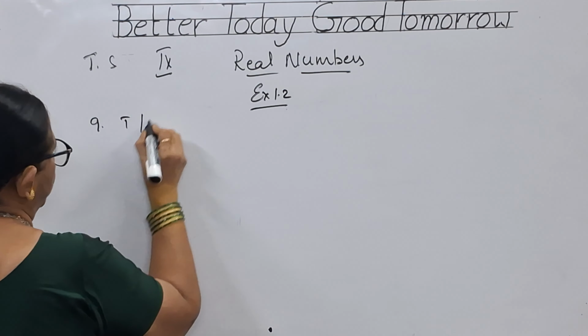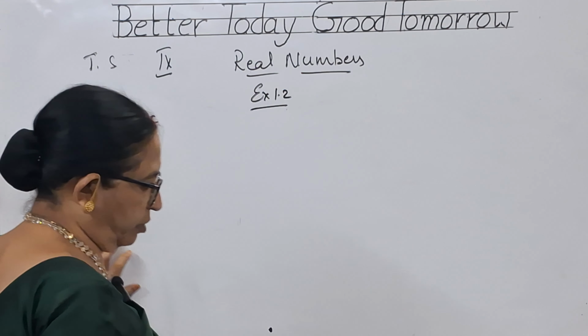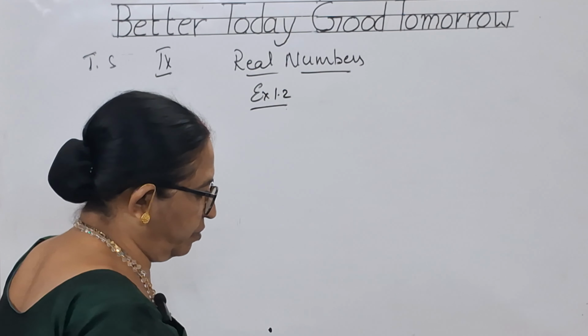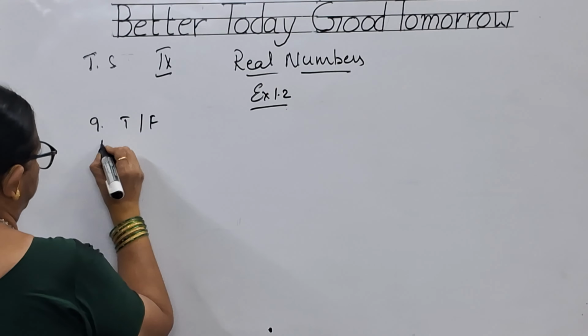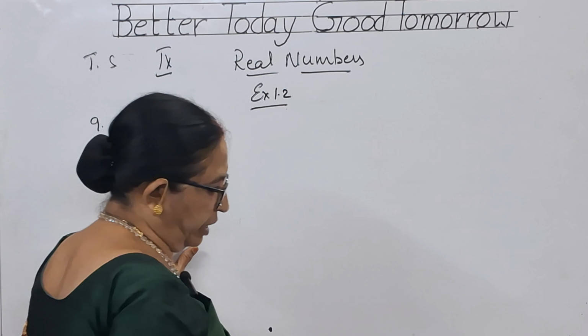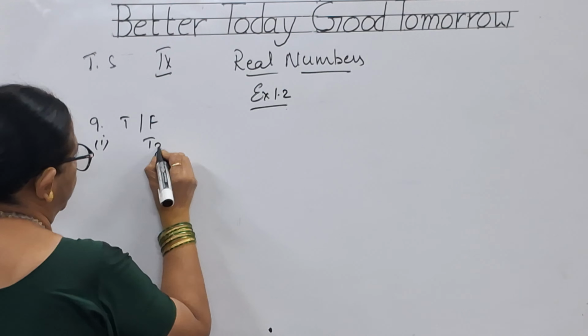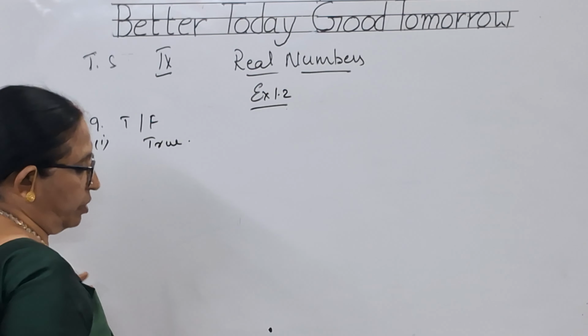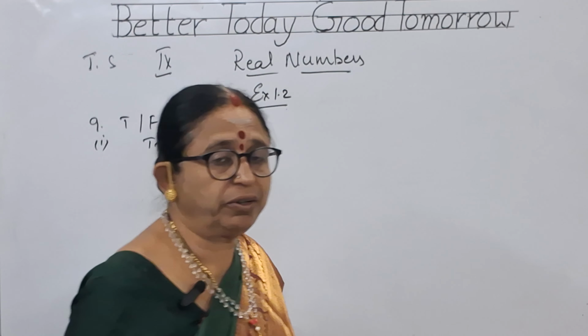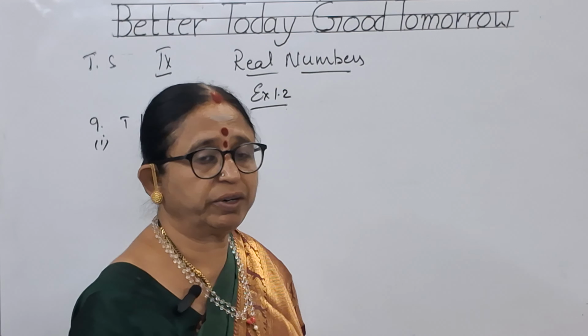Ninth one is a true or false. You have to state true or false and justify your answer. First bit is, every irrational number is a real number. It is true, children. I am not writing the question. I am reading it and I am doing. You can take the help of the textbook, children.